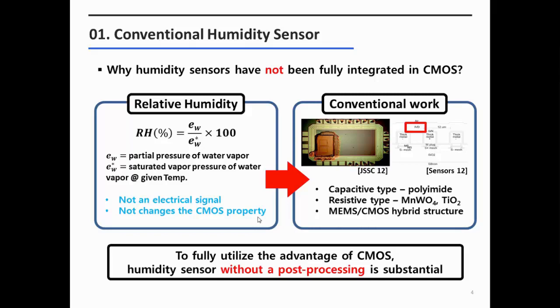The material that they used for post-processing can be seen here, and this material causes additional cost during the CMOS process. Therefore, to fully utilize the advantage of CMOS, manufacturing a humidity sensor without post-processing is substantial. And this is the motivation of our research.